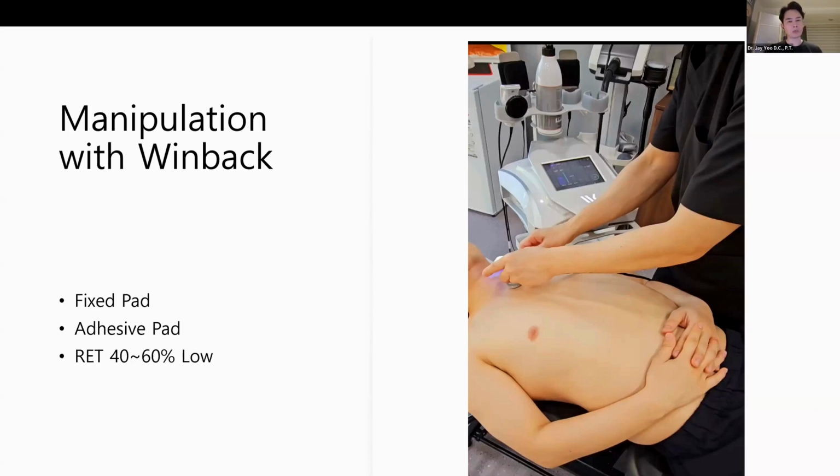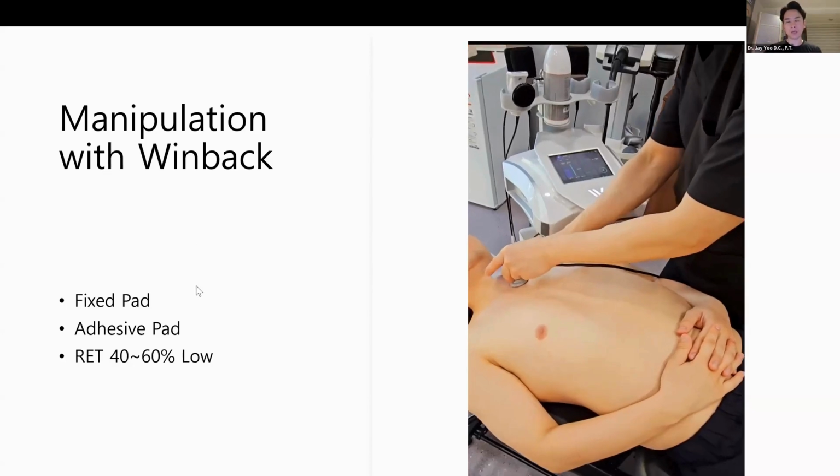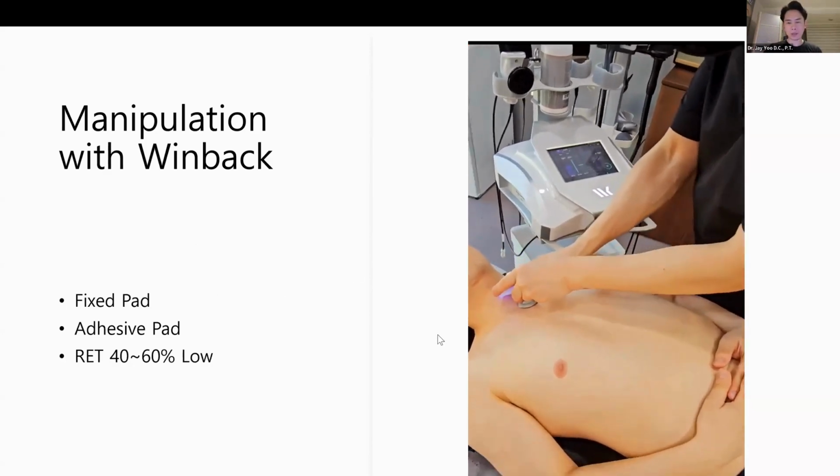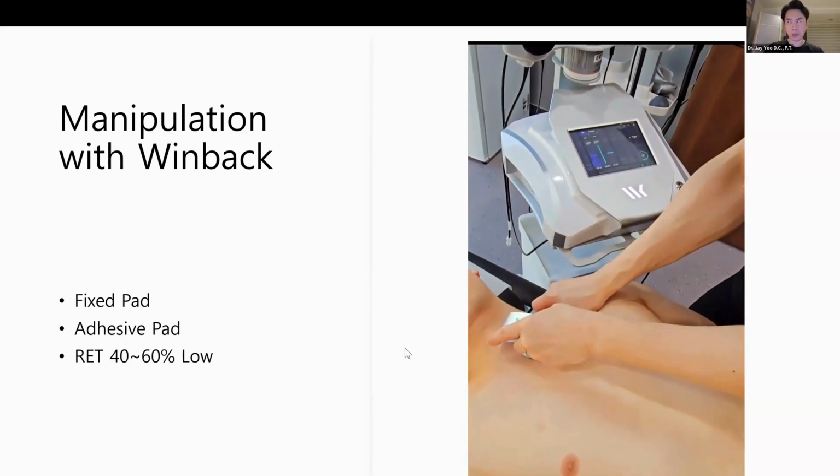Sometimes I use the fixed pad and the advanced pad if I do chiropractic manipulation. But nowadays I use the probe with manipulation. So look at this video. This is the SC joint, the sternoclavicular joint.